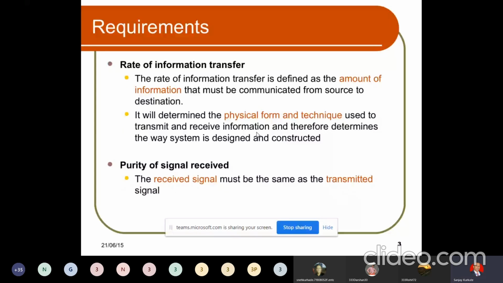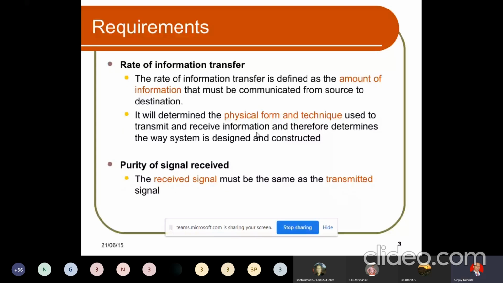Then purity of signal received. Sometimes from source to destination, there may be some noise, and the signal may not be clear. So we should have a proper, pure, clear signal. If in the transmitter itself there is a noisy or unclear signal, again there will be a problem at the side of the receiver.